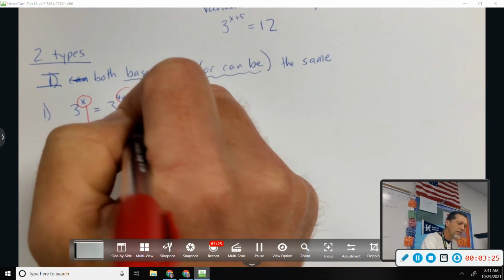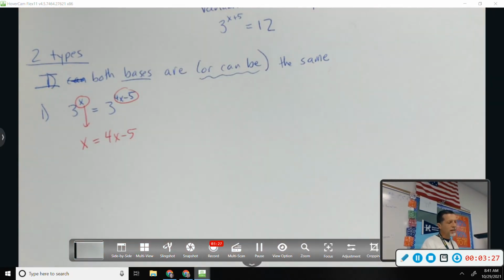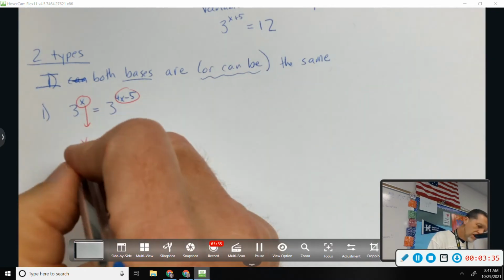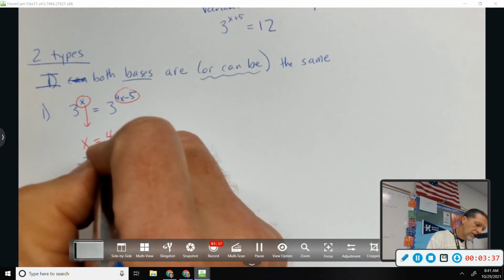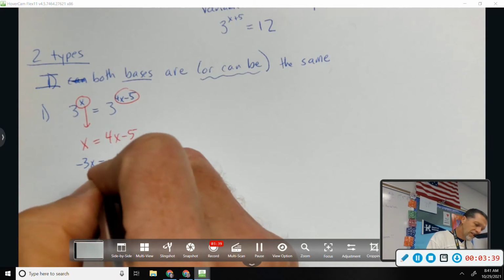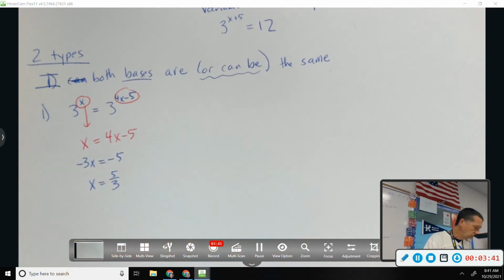So I would not phrase it as delete the 3, but in effect you deleted the 3. And you turn this into algebra 1 level stuff: negative 3x equals negative 5. x equals 5/3. That's the easiest kind, when the bases are the same.